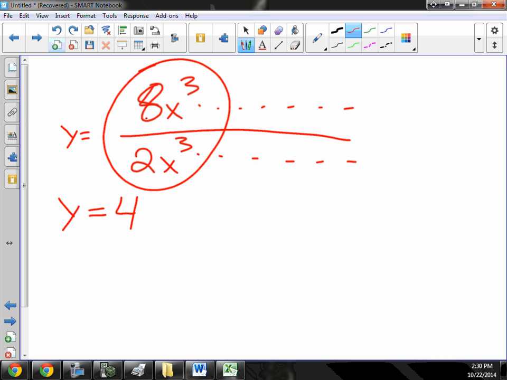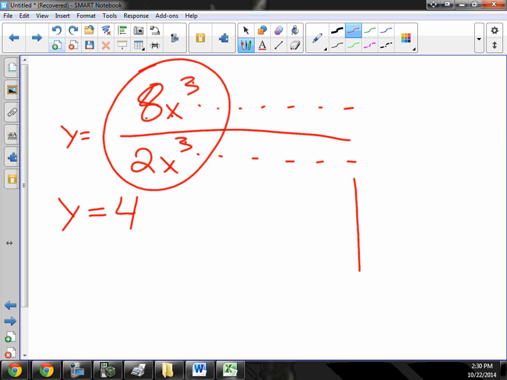Because 8x to the third divided by 2x to the third is 4. So that graph has a horizontal asymptote at 4. There is no way that this graph can equal 4. It's impossible. Does that make sense?